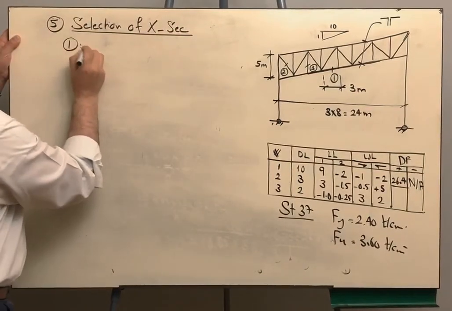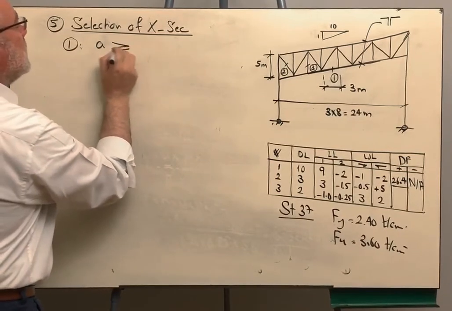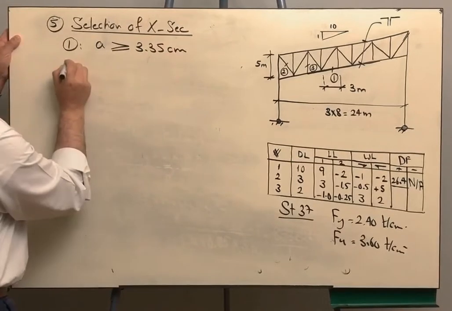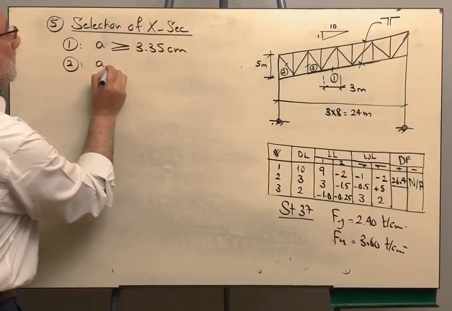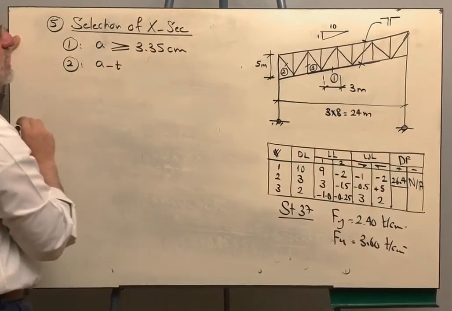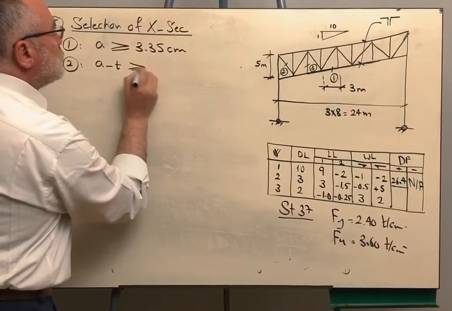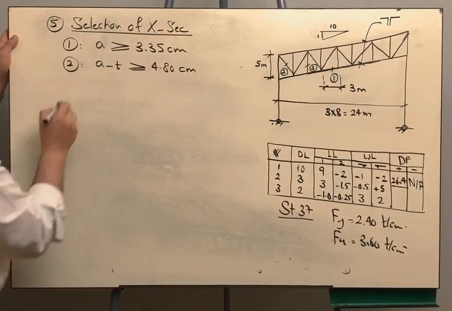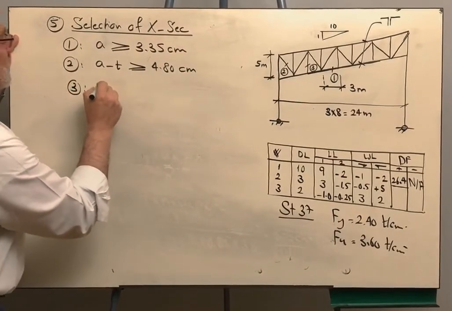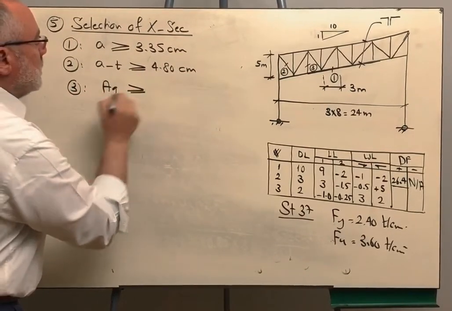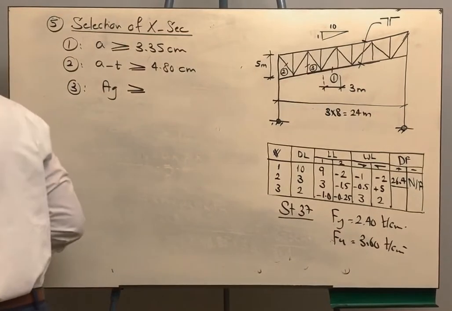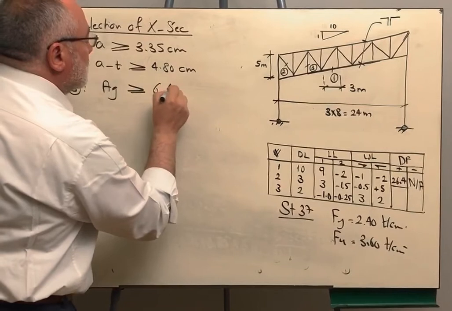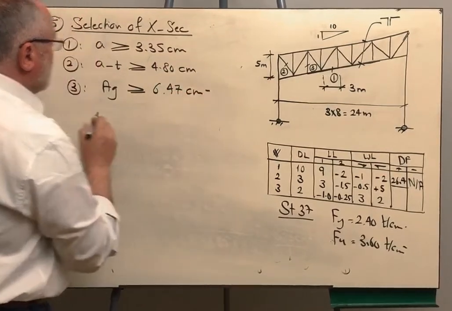From condition number 1, we said that A should be bigger or equal to 3.35 centimeter. From condition number 2, which is the construction condition, we said that A minus T should be bigger or equal to 4.8 centimeter. From condition number 3, we said that the area gross should be bigger or equal to 6.47 centimeter square.